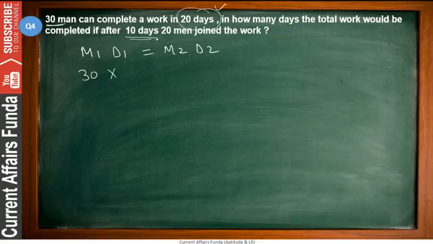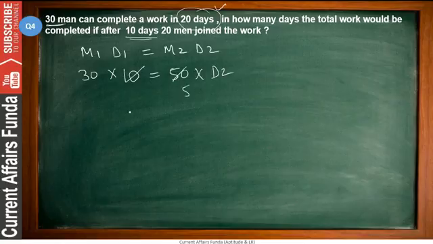That means 10 days have passed, so the remaining days will be 10. Okay, and these 30 men become 50 because 20 men already joined the work, and you need to find this d2 from here. So 10 will be 5 times, and this will be 6 times, so d2 will be 6 days.